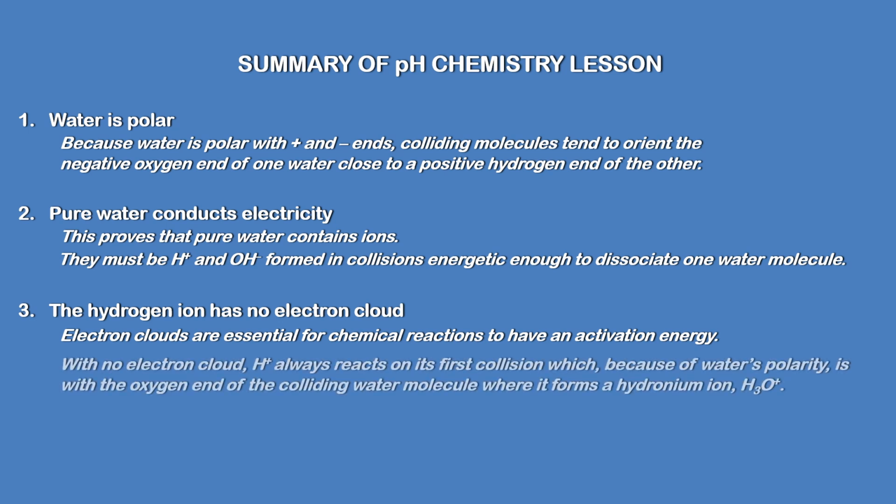With no electron cloud, hydrogen ion always reacts on its first collision, which, because of water's polarity, is with the oxygen end of the colliding water molecule, where it forms a hydronium ion. With no electron cloud, hydrogen ion disappears almost instantly by reacting with water to make hydronium ion, H3O+.